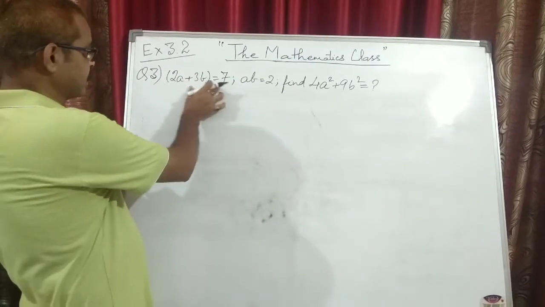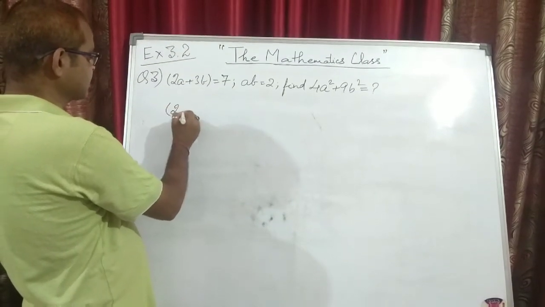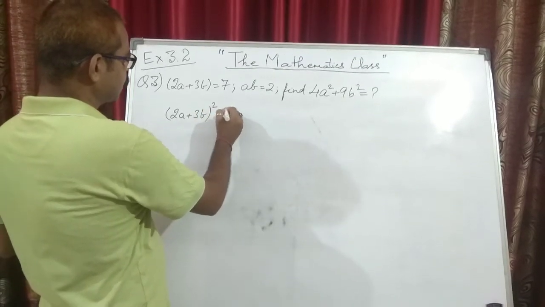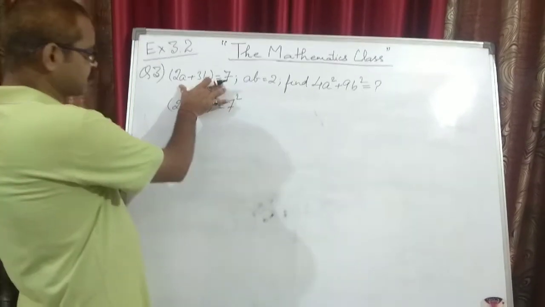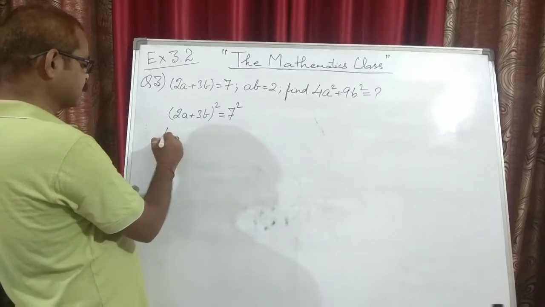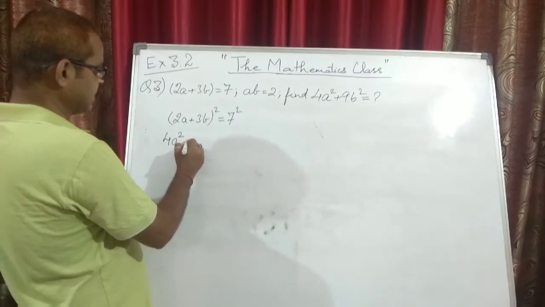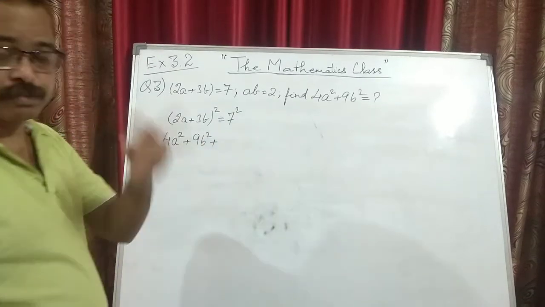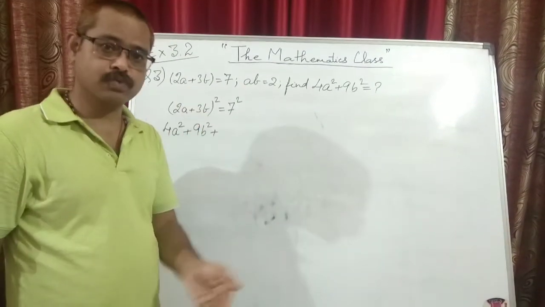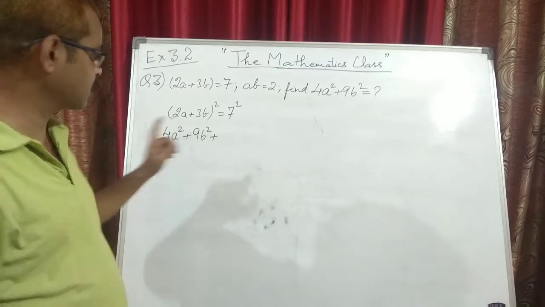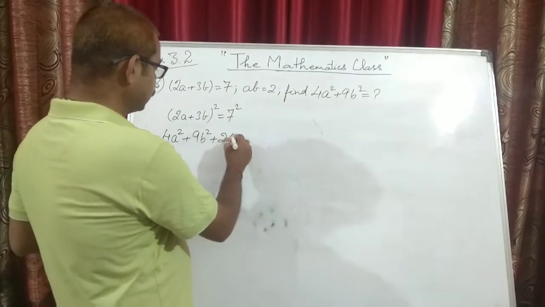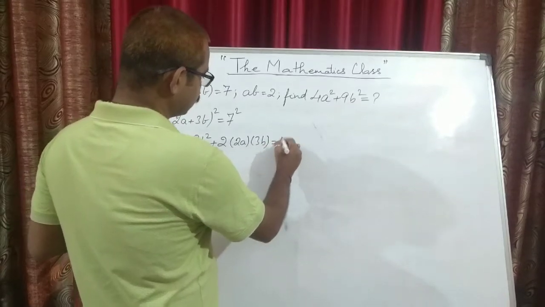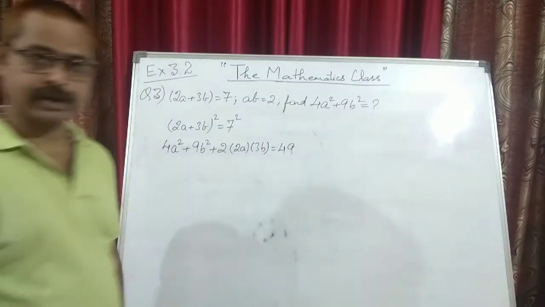If we start from here, we square both the sides, that is 2a plus 3b whole square is equal to 7 square. What we will get? A square, that is 4a square, b square, that is 9b square, plus 2ab. A plus b whole square is a square plus b square plus 2ab. So 4a square plus 9b square plus 2 into 2a into 3b is equal to 7 square, which is 49.